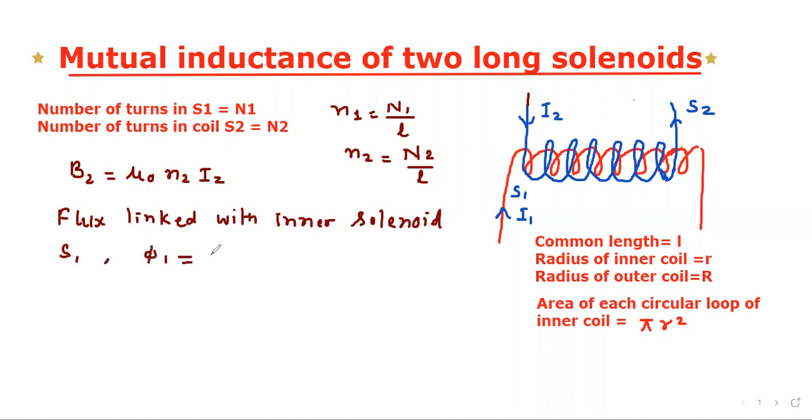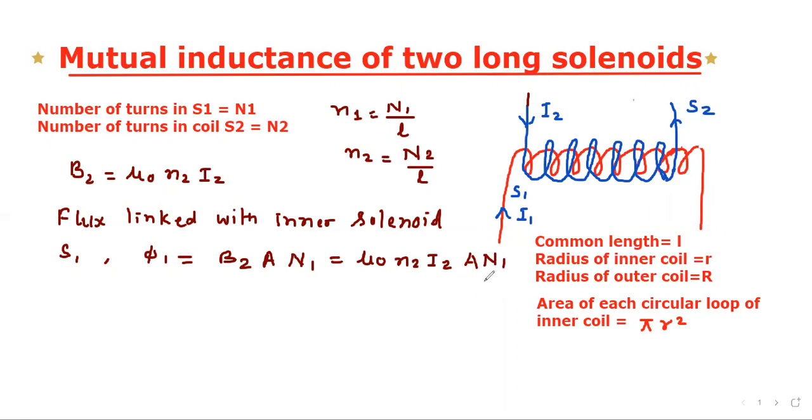So phi1 equal to magnetic field due to secondary B2 times common area or area of smaller coil times number of turns in inner coil. So now we can put the value of B2 as mu naught n2 I2 times A times N1.